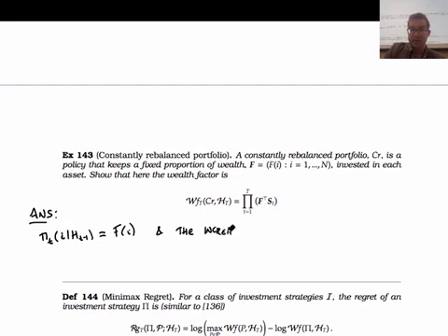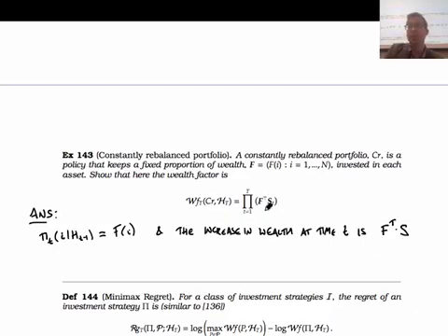increase in wealth at time t is f of t times the vector s. Okay?